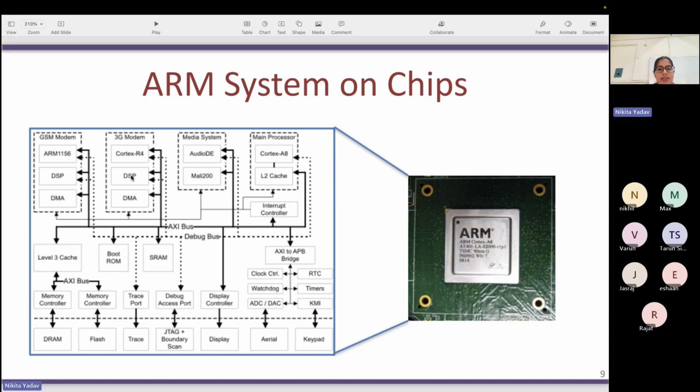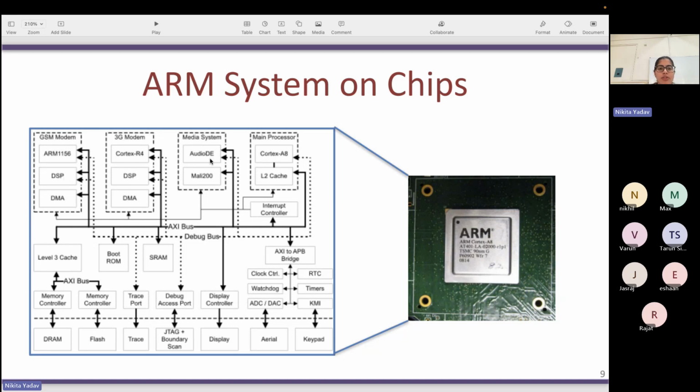This chip has the main processor, which has the Cortex A8 core, the L2 cache, the interrupt controller along with these modems, here is your L3 cache, here is your DRAM, this is your memory controller, and here is your boot ROM, where your BIOS is going to be stored.